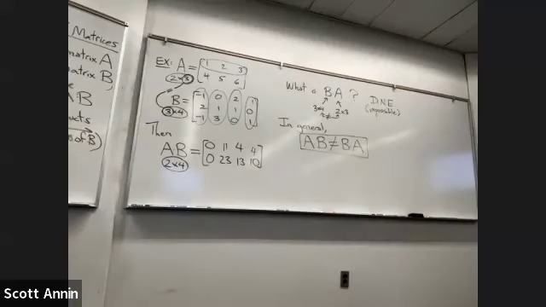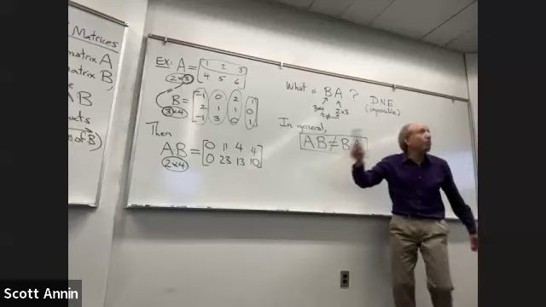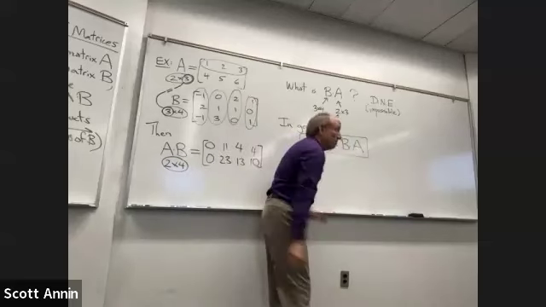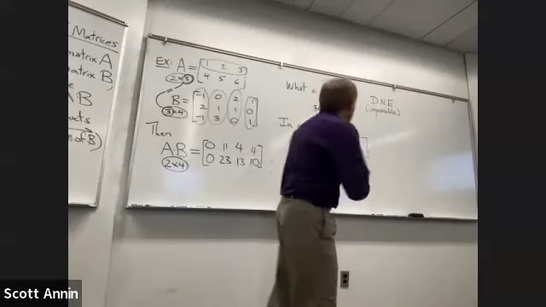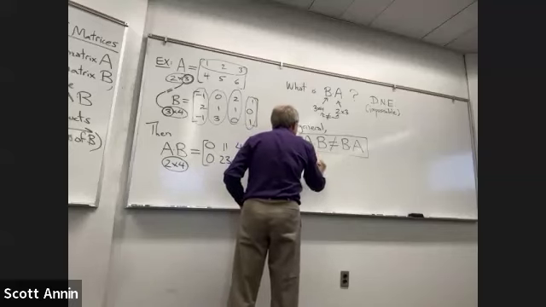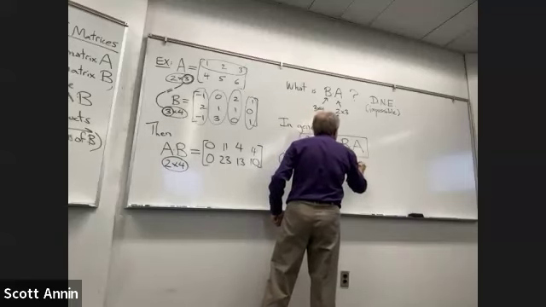Then A times B would be 3 by 3 and B times A would be 3 by 3. But unless you were very, very lucky, as in win-the-lottery kind of luck, you would find that they're not the same. Matrix multiplication is not commutative.